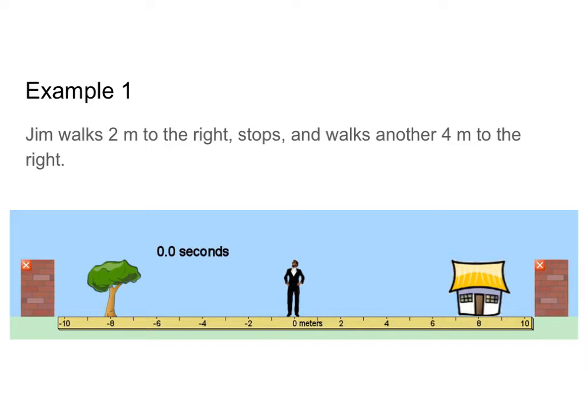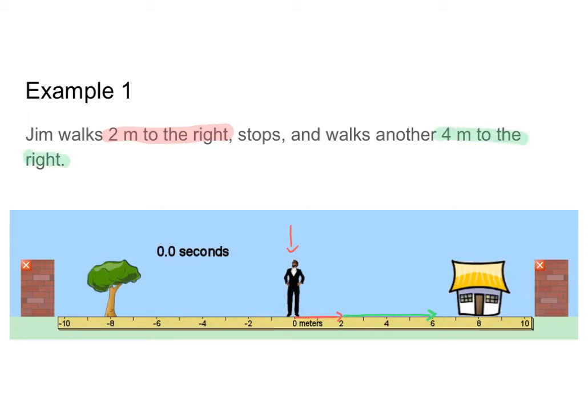So in this problem we have Jim here, and Jim is going to walk 2 meters to the right, stop, and then walk another 4 meters to the right. So what I've done is I've drawn my vectors for my first 2 meters to the right, and then my second 4 meters to the right.